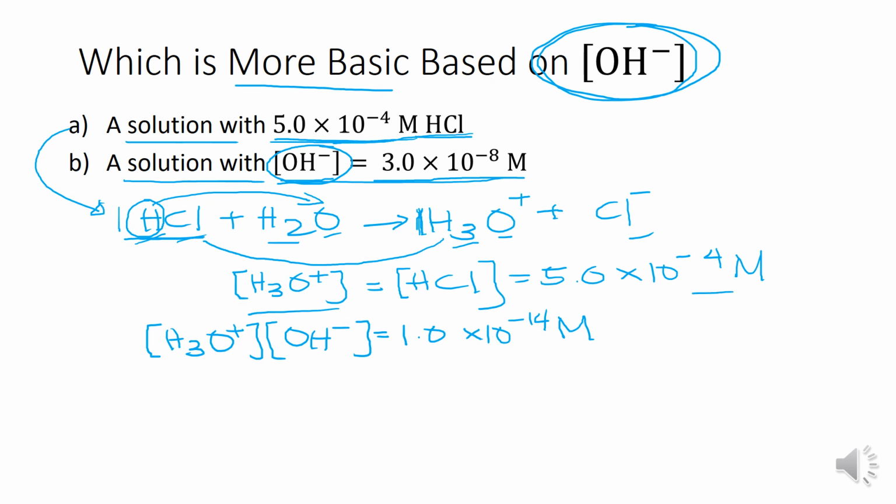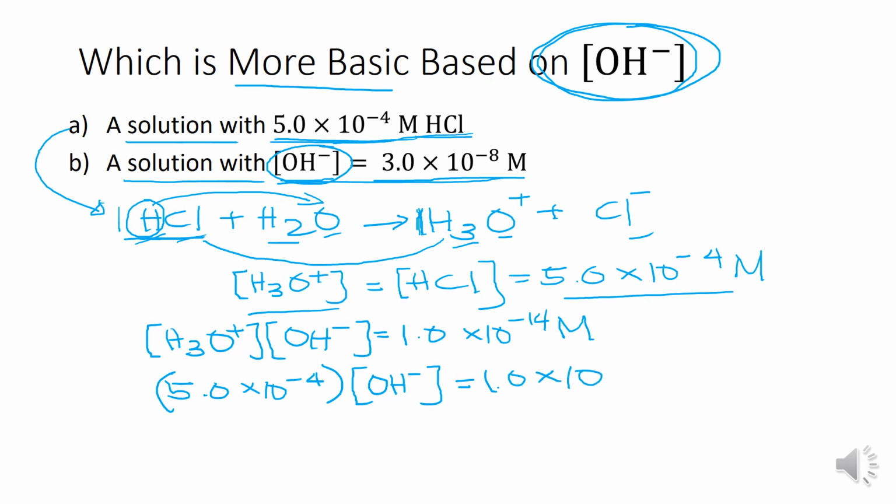Let's plug in the value of the hydronium ion concentration. So that is 5 times 10 to the negative 4. Then we copy the concentration of hydroxide ions, because that is the unknown, and again copy the constant on the right side.